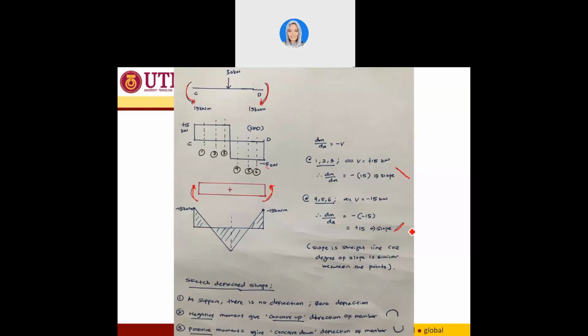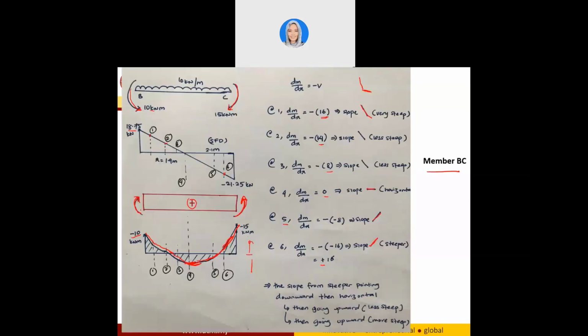Before this, for the previous one, you have a different slope for each point. You have 16, you have 14, 8, and similarly with this one. This is why you have a slope with different degrees of steepness. You have first very steep going downward, then less steep, and then horizontal, so you have something like a curve in the end like this one.